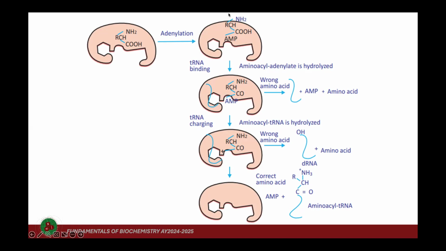Initially, even before the amino acid is transferred to the tRNA molecule, the synthetetase is already performing some checking at this point. It has something to do with the fitting, how the aminoacyl AMP fits into the active site.